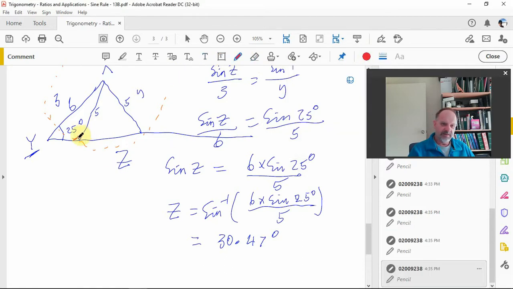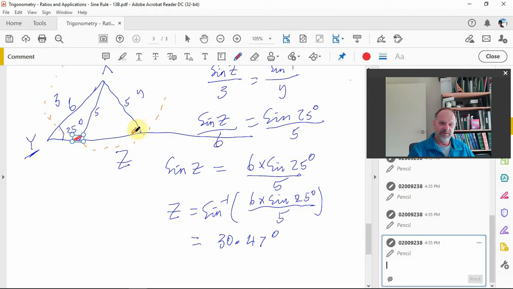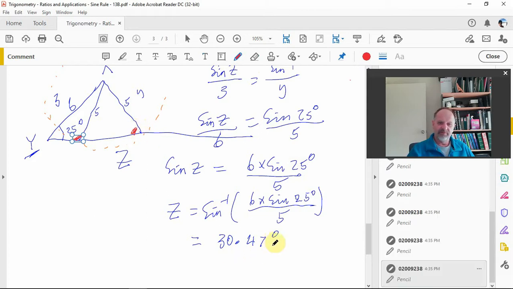And so there's this angle in here, or there's this angle in here. Now, 30.47 is clearly that one. So that's 30.47. Now, because this triangle here is an isosceles triangle, that means this here is also 30.47.